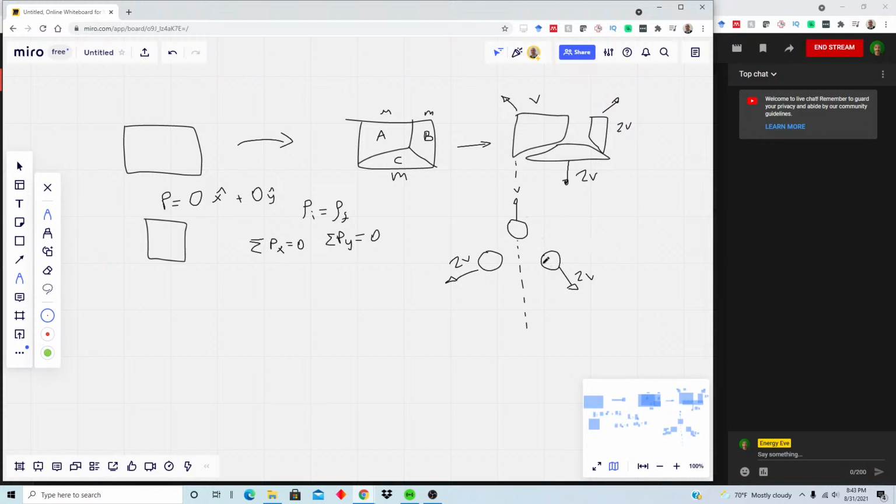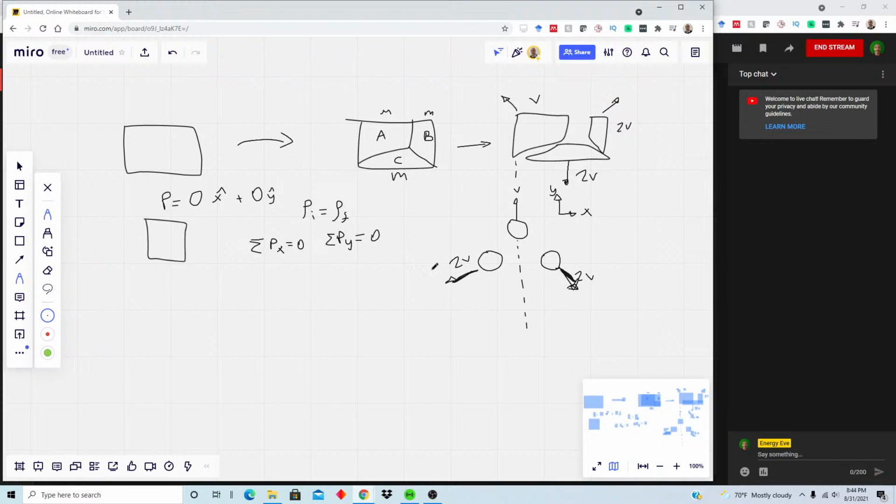And so if you could imagine that there's a y direction up here, and there's an x direction here, we can see that these kind of balance each other out. So let's imagine they're a little more symmetric.